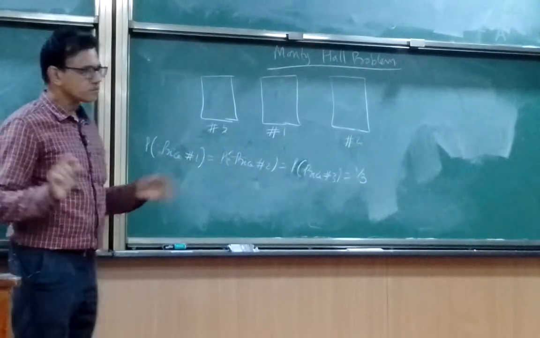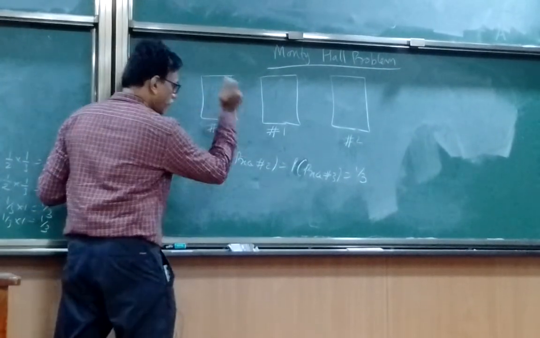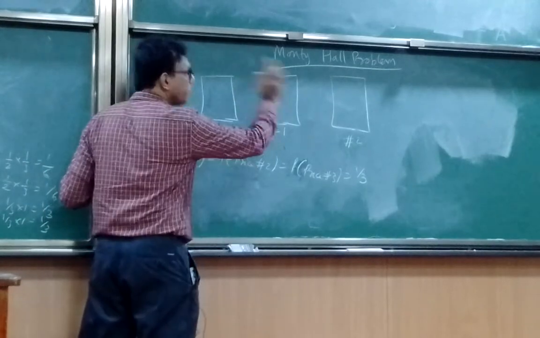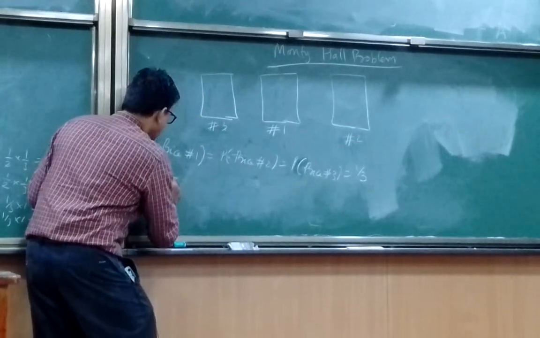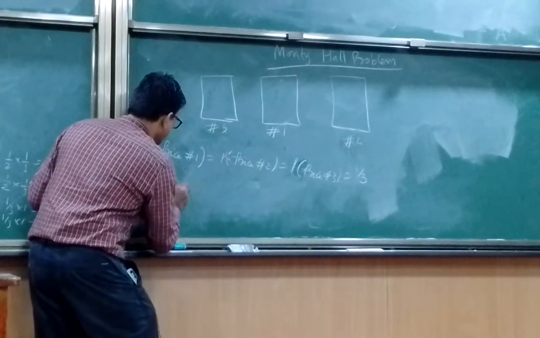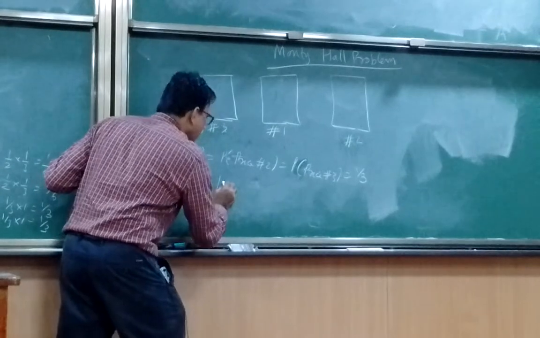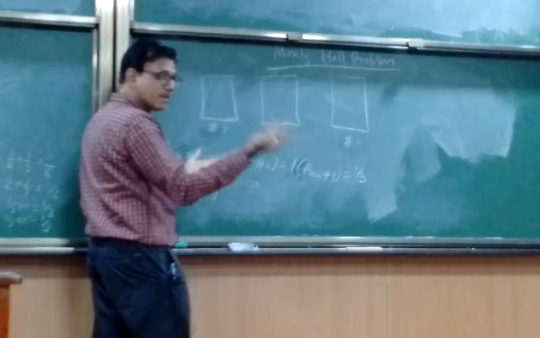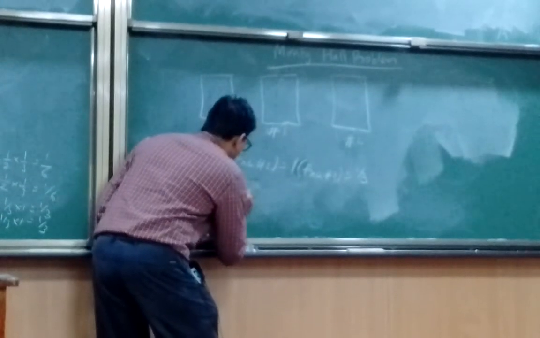That is known. So the question is, if he chooses 1 which is fixed, and if Monty opens 2, what is the probability that the prize is behind door number 1, given that he opens door 2?